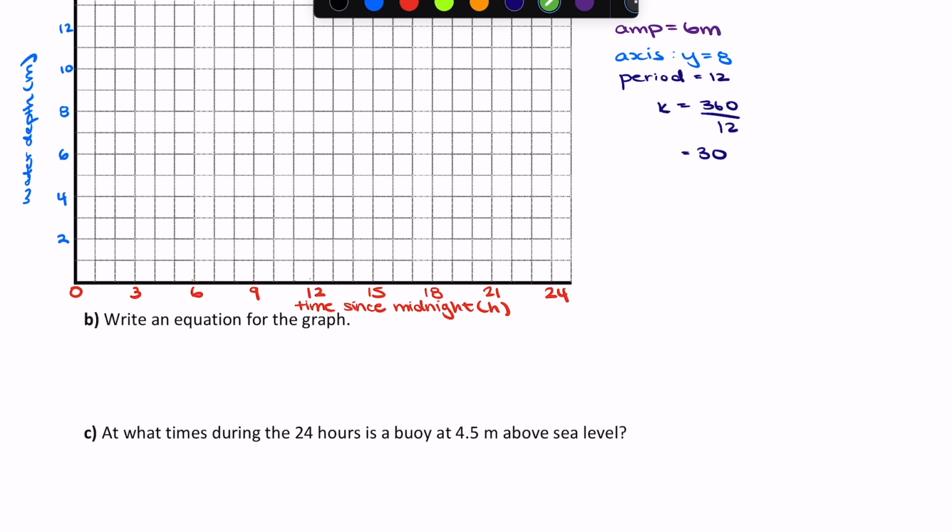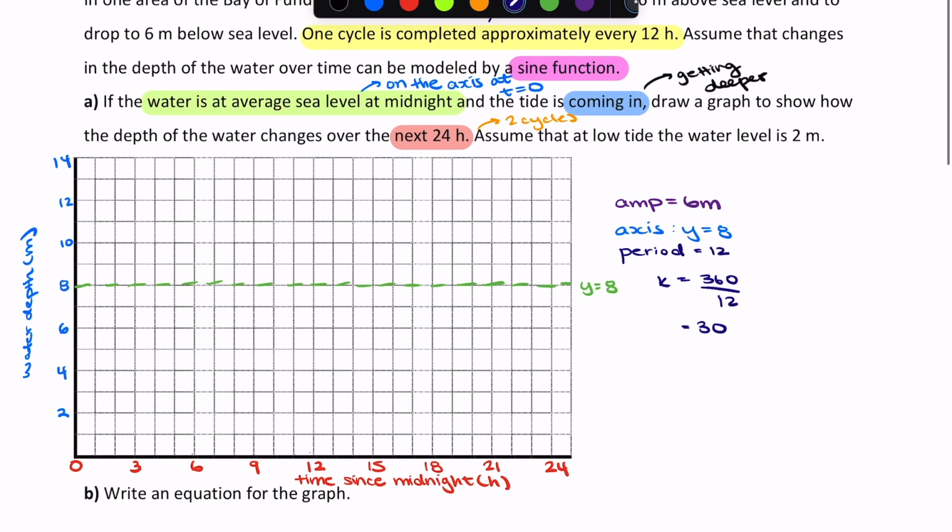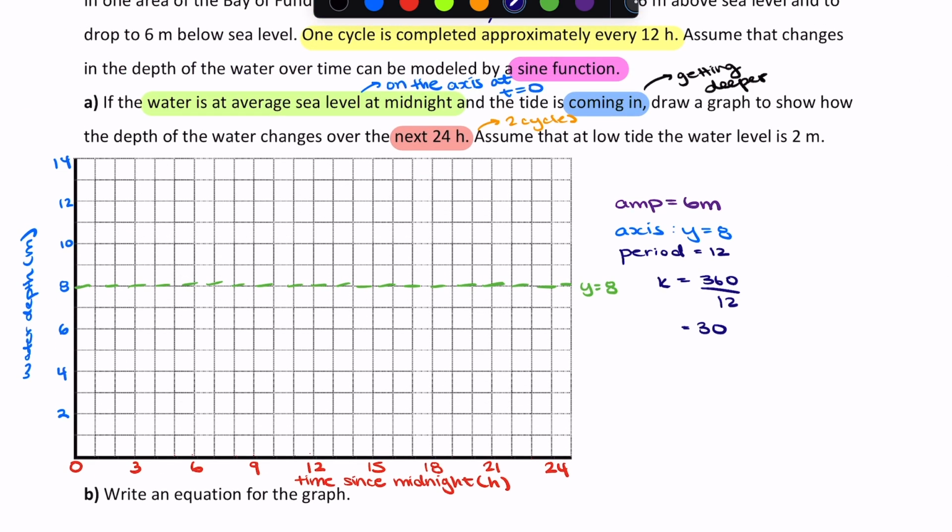So here we know that our axis is at y is equal to 8, so we'll represent that with a dotted line. And we know that our amplitude is 6 meters. It starts at 0 and 8, so it starts at the axis.